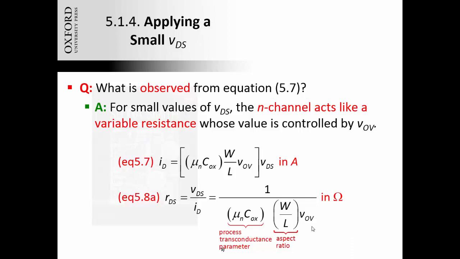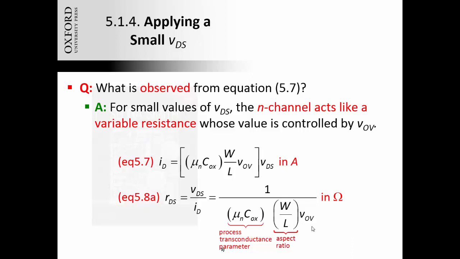Now, as you probably already know from working with real devices, there's a limit to how low this can go. So just by adding more VOV, you don't just keep reducing RDS. Your data sheet will tell you what the typical on resistance is for a particular overdrive voltage. It'll even usually give you graphs of what RDS is as a function of overdrive voltage or VGS, and it tapers off.